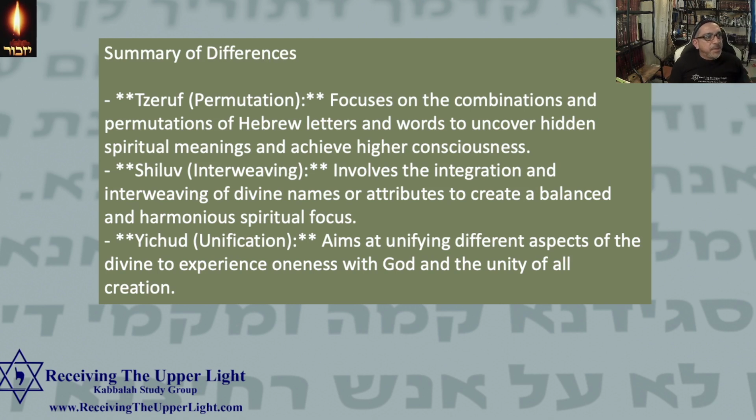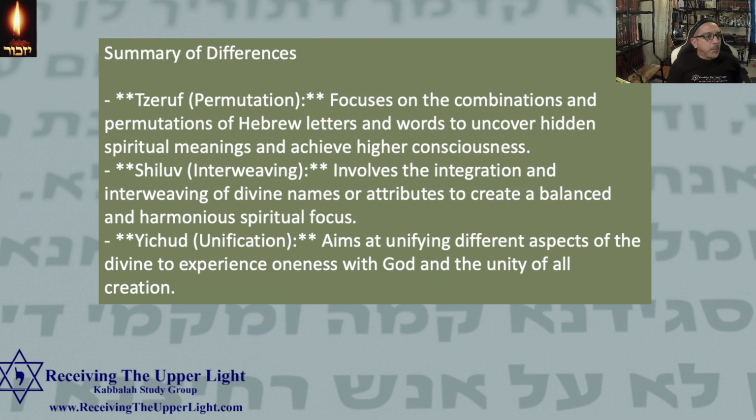The Shiluv is the interweaving; it involves the integration and interweaving of divine names or attributes to create balance and harmonious spiritual focus. And the Yichud is where we unify things, right? It aims at unifying different aspects of the divine to experience oneness with God and the unity of all creation. So keep this in mind. They're very similar, but their goals are different.